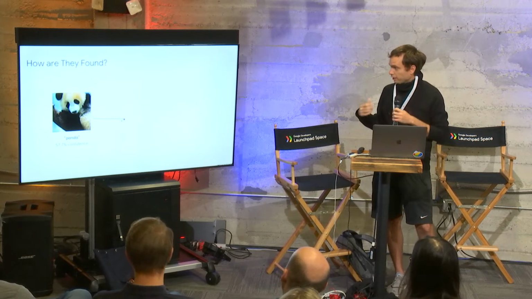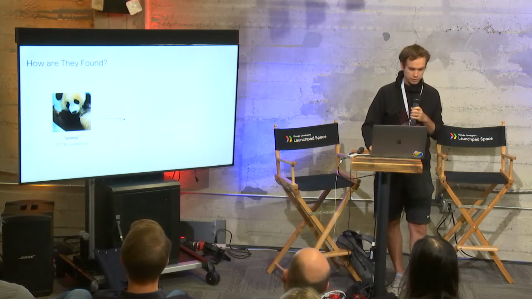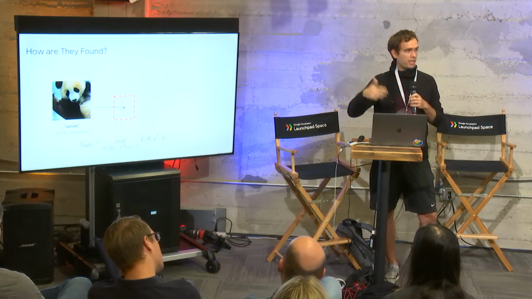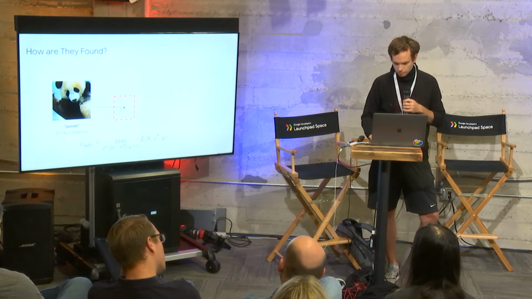Before I get into that, how are they found? The way you construct an imperceptible adversarial example is you take a starting image, define some sort of search region in image space, and solve an optimization problem. You search over all images near this image in a way that maximizes model loss, so we do gradient descent in pixel space.